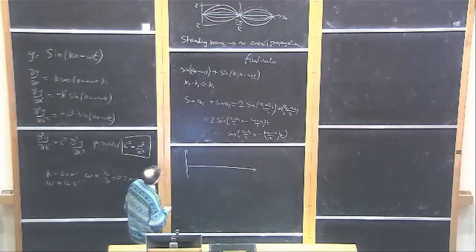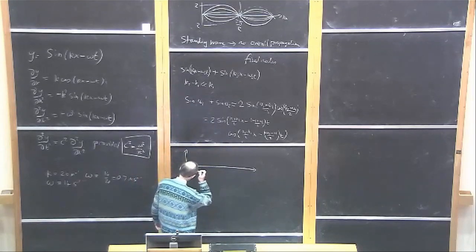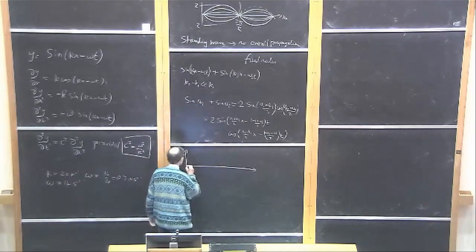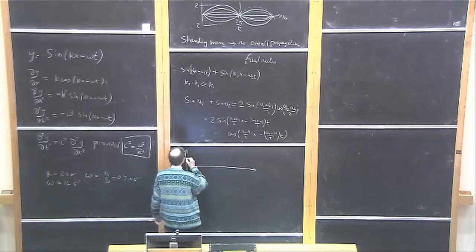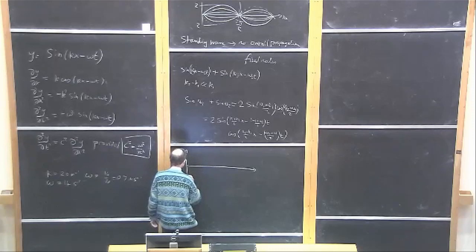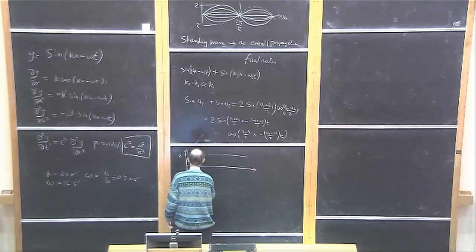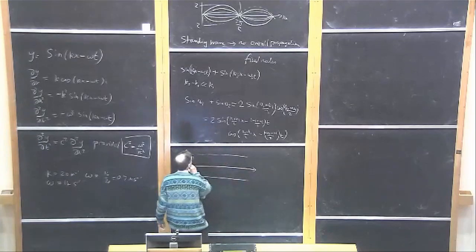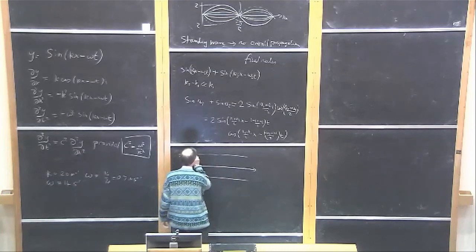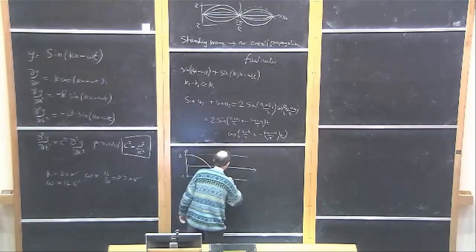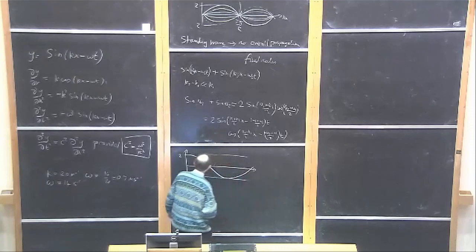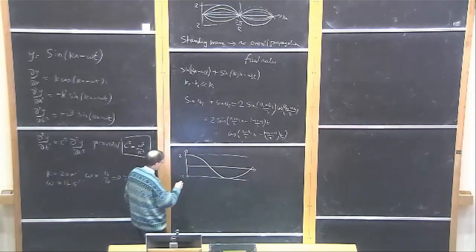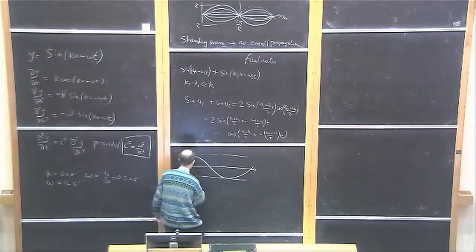So I'll do the same kind of thing that I did for the standing wave. I'll start by sketching the slow term. So the slow term is effectively 2 cosine, I'm sorry, 2 cosine and so on. And then I'll sketch its negative as well.